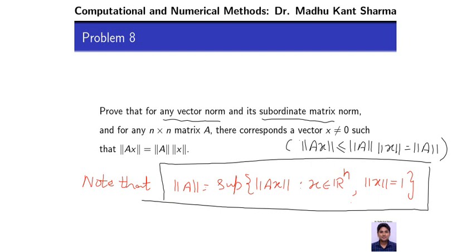Right. So now, let's consider S to be the set of X belonging to R^n such that norm of X is 1. So it's a subset of R^n.